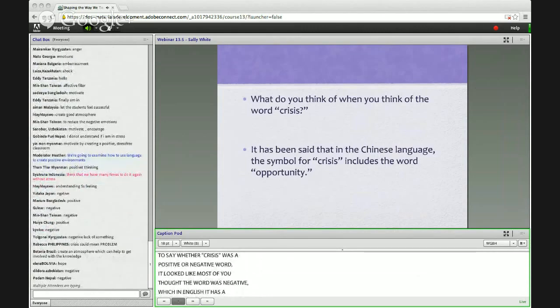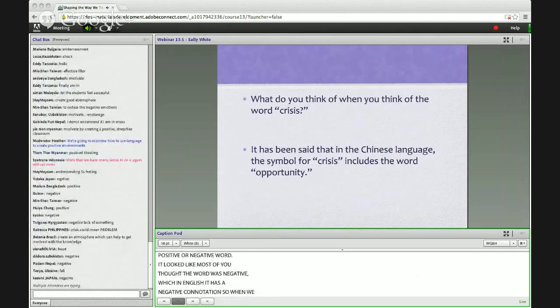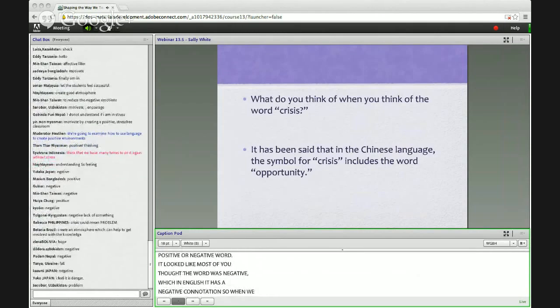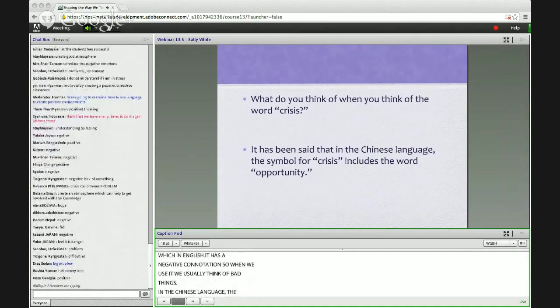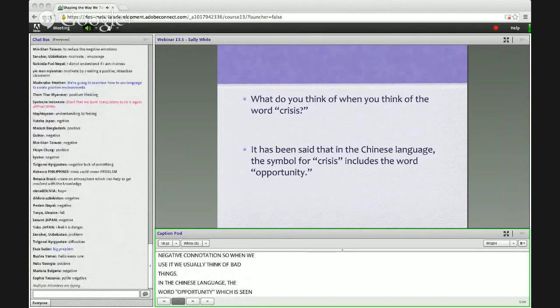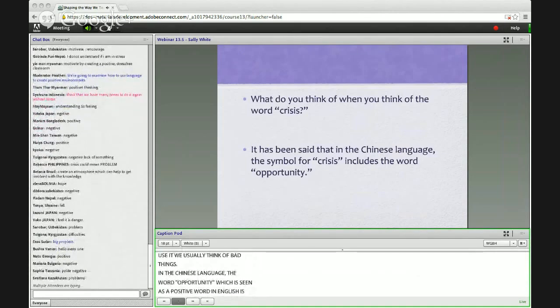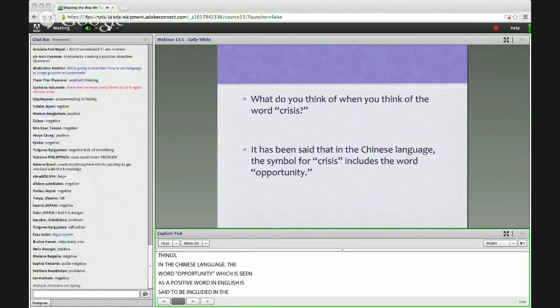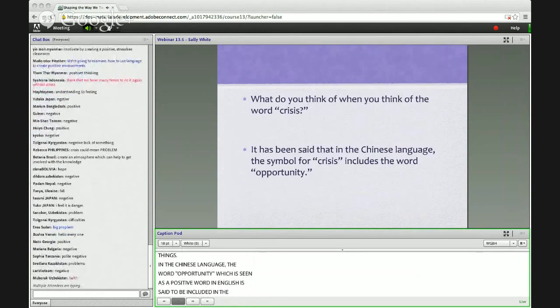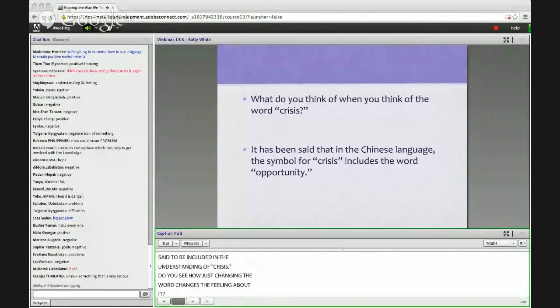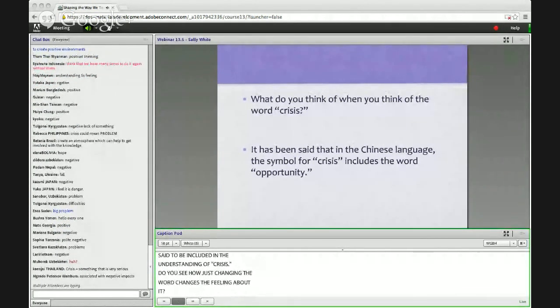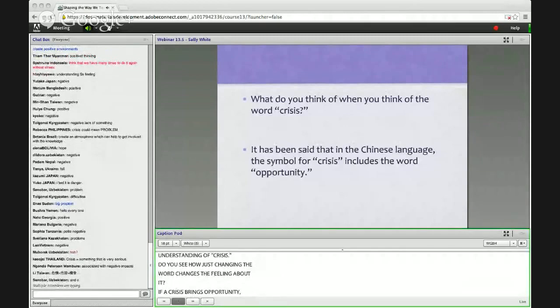In the Chinese language, however, the word opportunity, which is seen as a positive word in English, is said to be included in the understanding of crisis. Do you see how just changing the word changes the feeling about it? If a crisis brings opportunity, there's a chance for a new beginning, possibilities to learn, and so on.